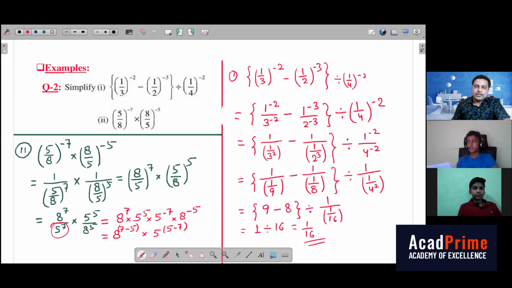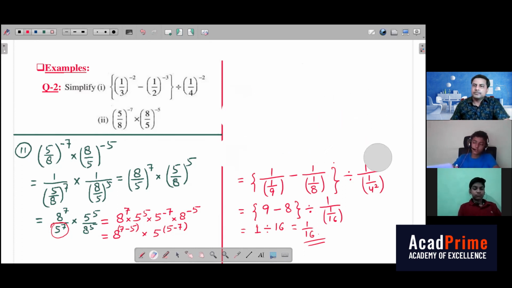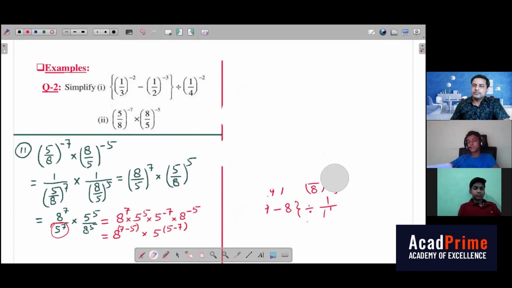Okay, I'm just erasing this side. Okay, and this can be written as 8 raised to the power 2 into 5 raised to the power minus 2.